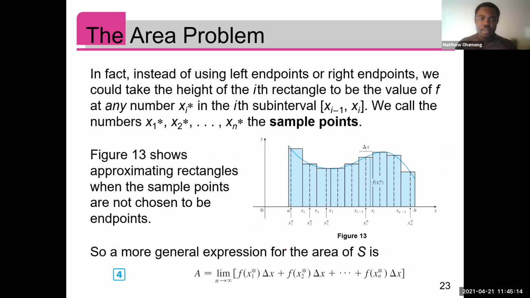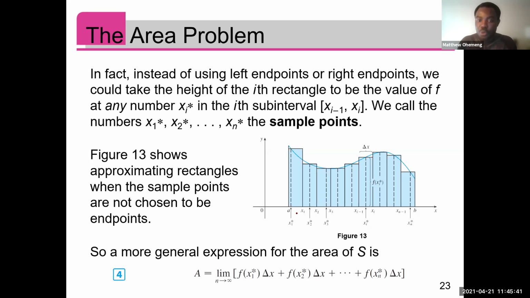Okay. Then let's proceed. Now, you saw that in the previous slides, we talked about using right endpoints or left endpoints. Either of these two is called a sample point. But the thing is, are we confined to only using left endpoints and right endpoints for each sample point?